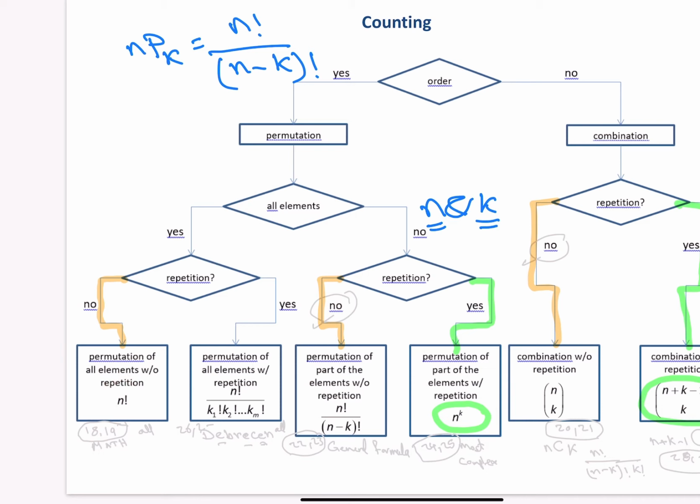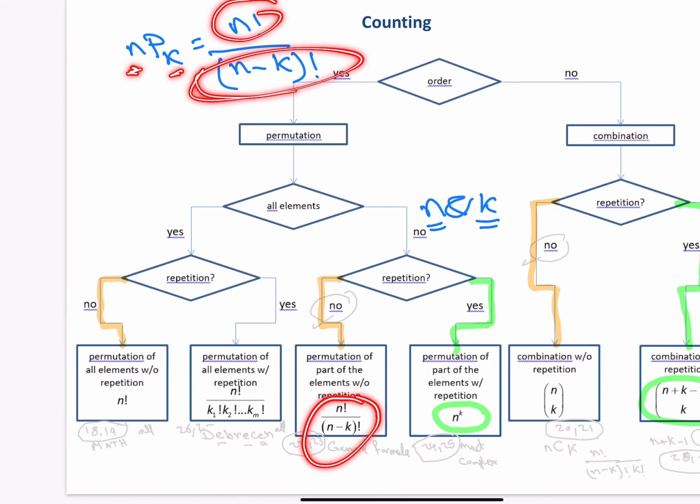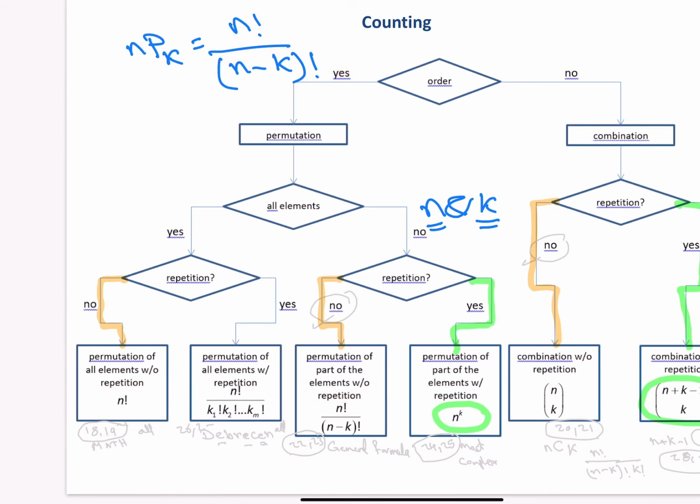We said if it is not all the elements, we have to use the general formula, n factorial divided by n minus k factorial. This is the general formula. Here we are not using all the elements, so these two cases are straightforward.